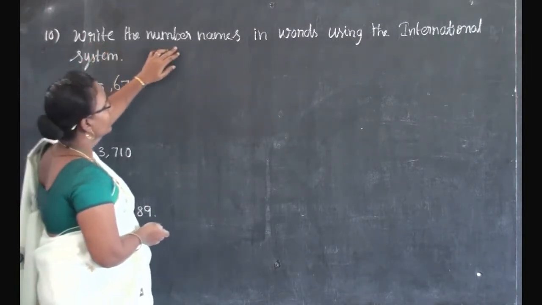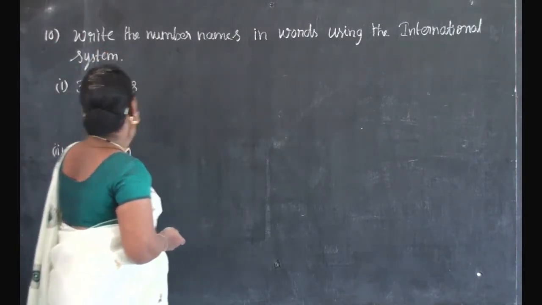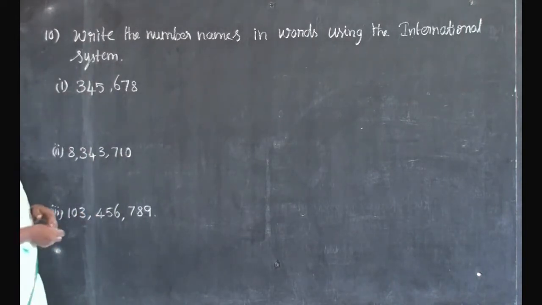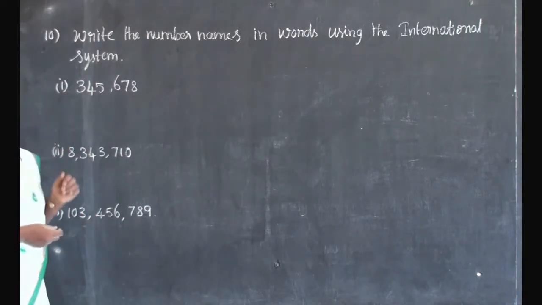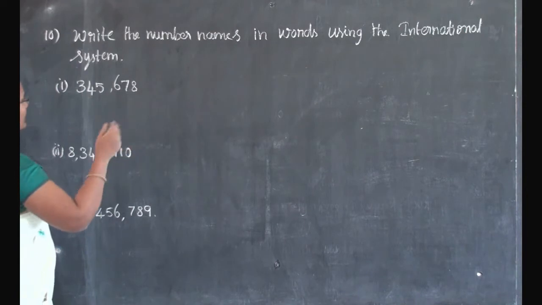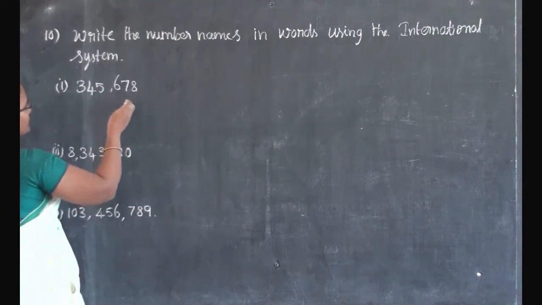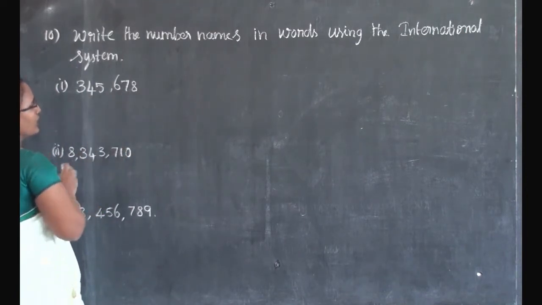The 10th question. Write the number names in words using the international system. In the 9th sum, we used the Indian system. Now, in the international system, first read out the place values.